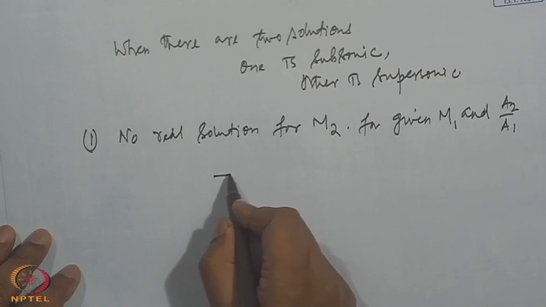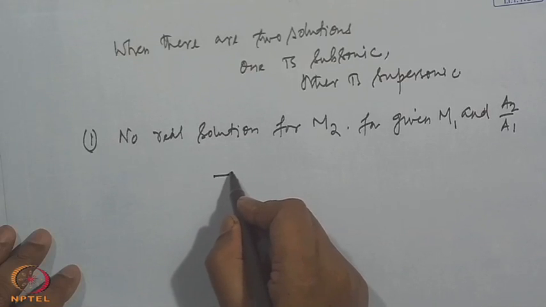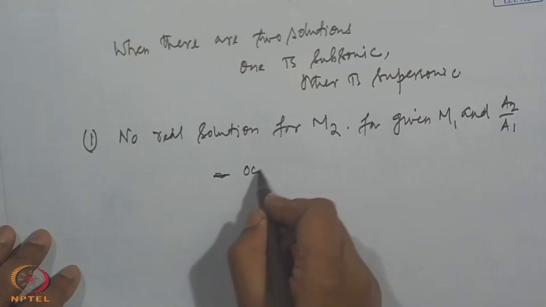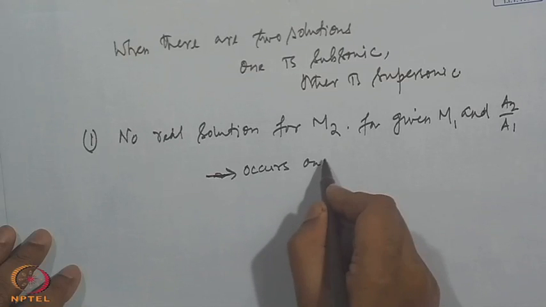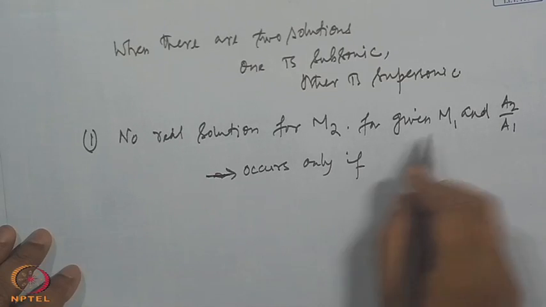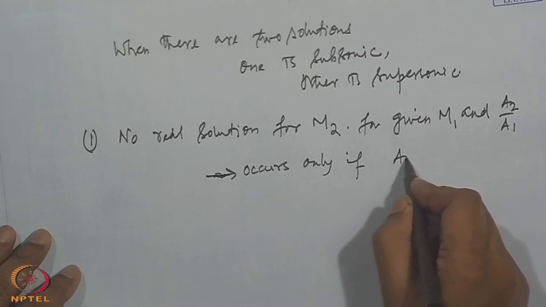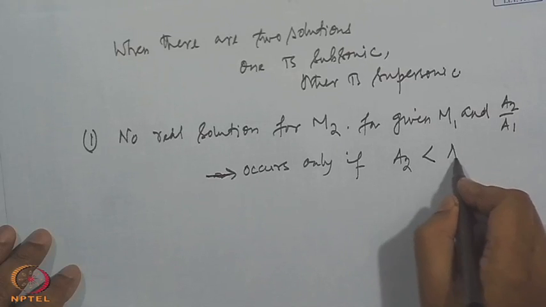This occurs only if A 2 is smaller than A 1.